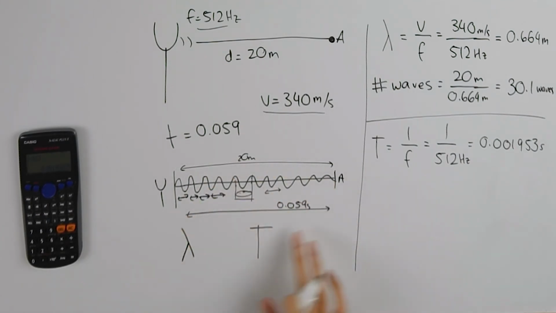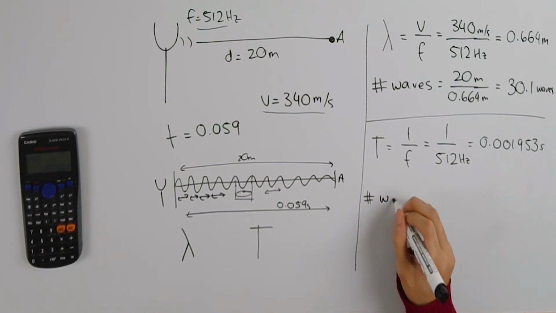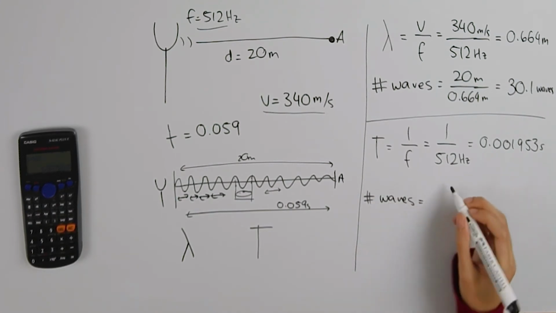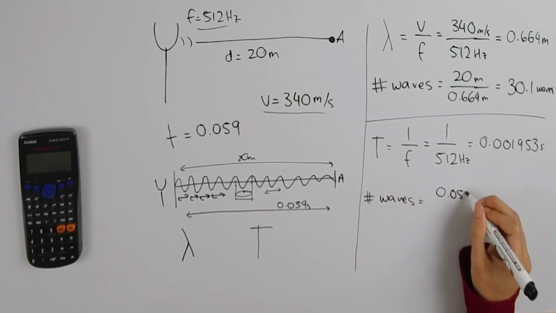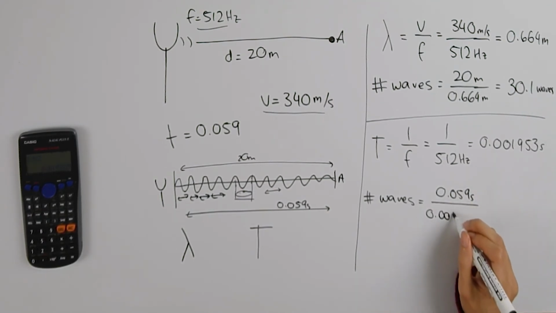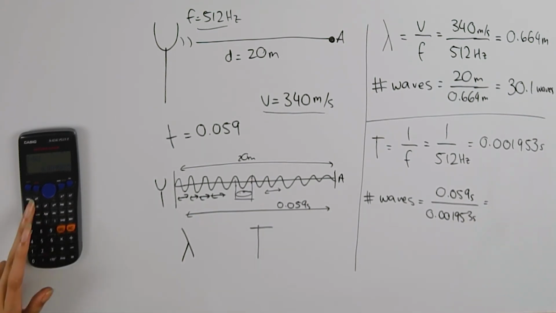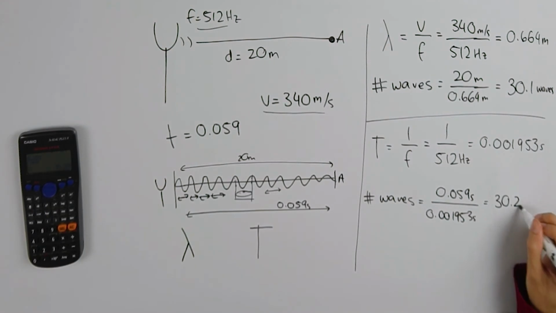So now we know the entire journey is 0.059, so the number of waves is going to be the entire journey, which is 0.059 seconds, divided by our answer there, 0.001953 seconds. When we work this out, we get 30.2 waves.